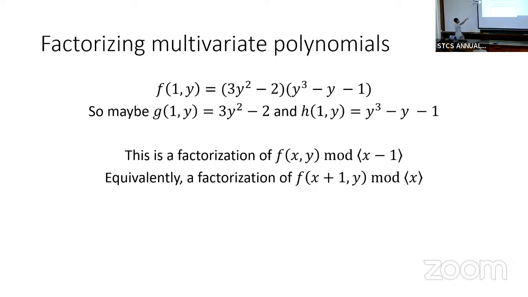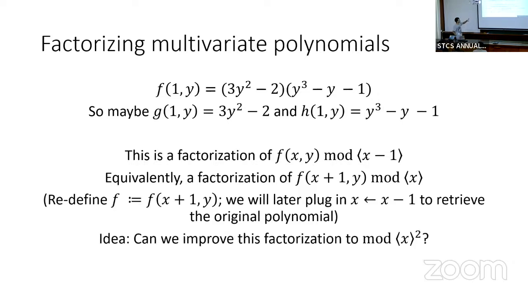And now I'm saying this univariate factorization that I have is sort of like an approximate factorization, in the sense that if you're happy with the factorization that's correct modulo x, then this is correct. So this is just what I said, that we'll redefine our f to be with the shifted x.